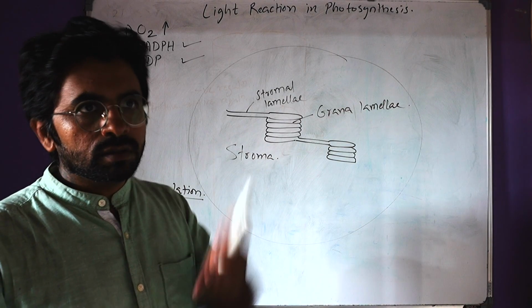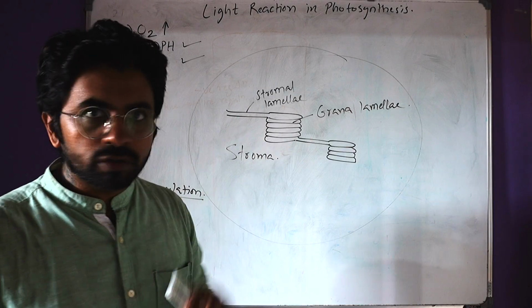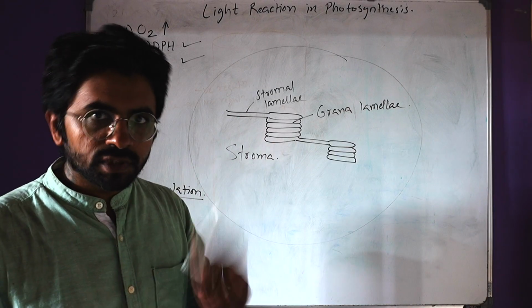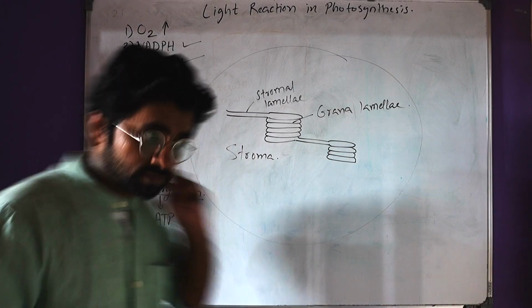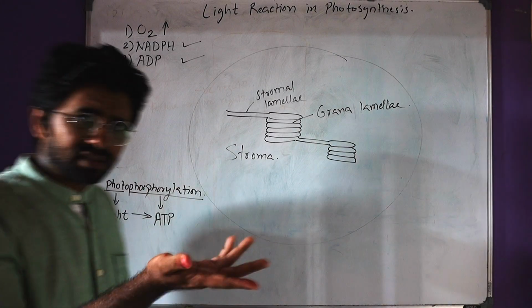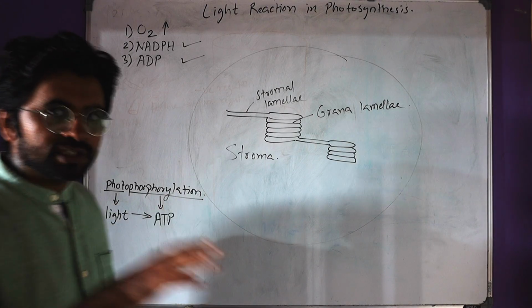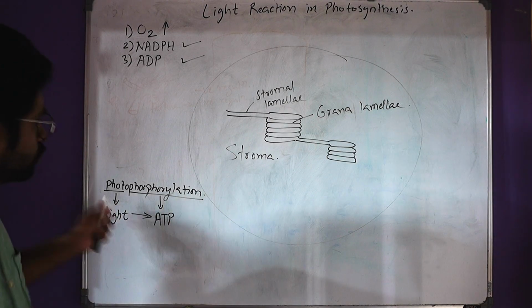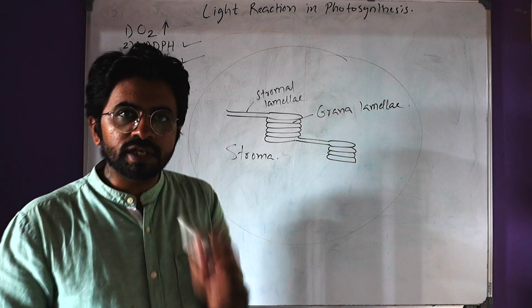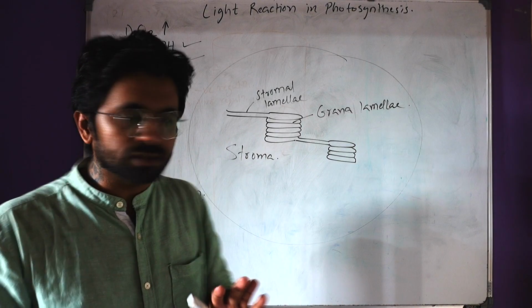Phosphorylation comes in ETS of mitochondria also, but that's a different thing. It's a whole new cycle that you will be studying in the respiration chapter. Right now I am not talking about phosphorylation in general, I am specifically talking about photophosphorylation. So in presence of light, if ATP is formed, it is photophosphorylation.